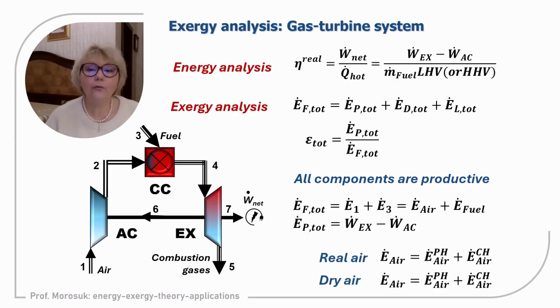So now a few words about air. Air is coming, as we already mentioned, directly from the environment. That's why it is state 0 for the exergy analysis. But air can be simulated differently. If we have good software, then we will immediately simulate the entire system under the assumption that air is real.